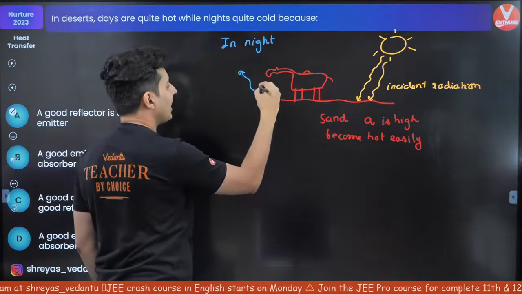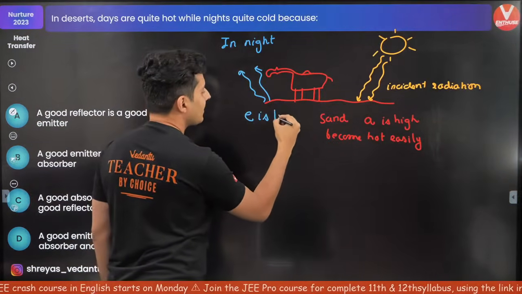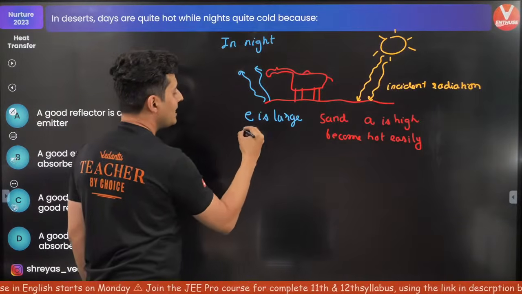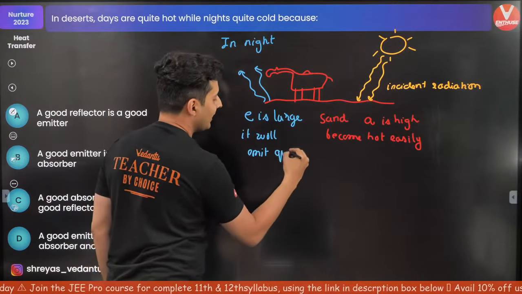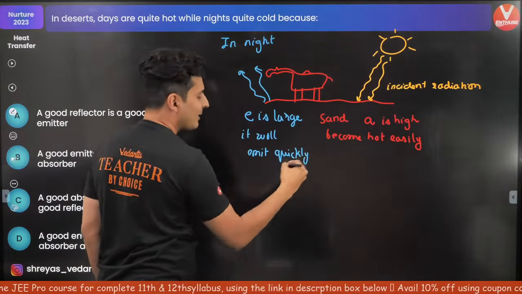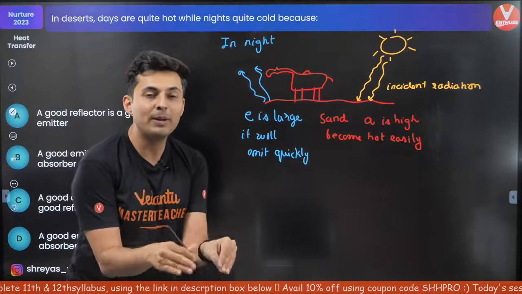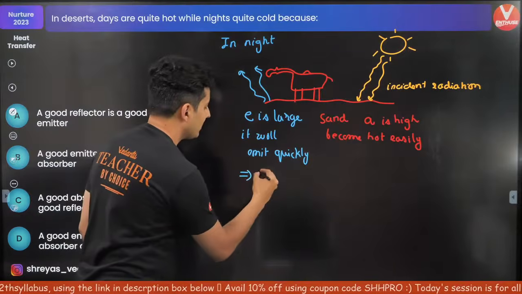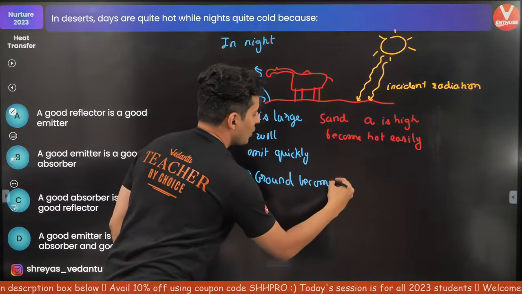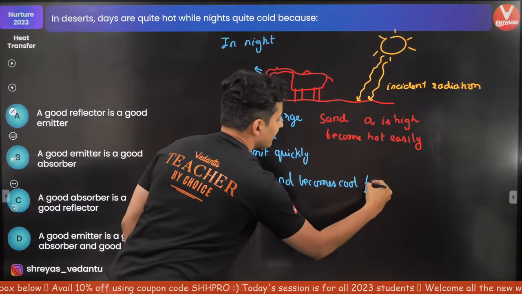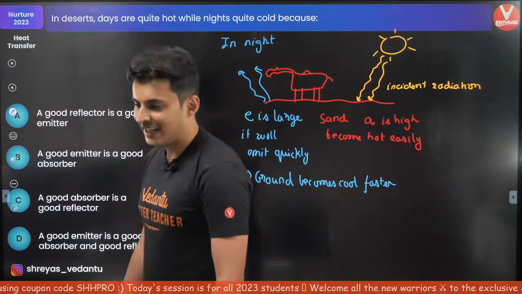The sand will now start emitting, and since A is large, even E is large, so it will emit very quickly, really fast. So all the heat is lost, gone. So the ground becomes cool faster. It becomes cool really fast. That's how it is. I hope this is clear.